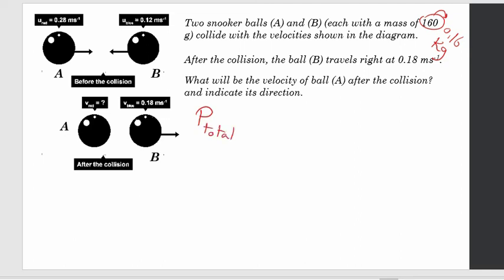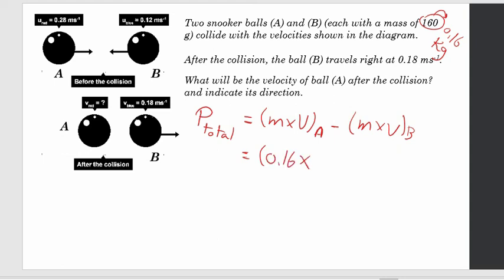So first we will calculate P total before the collision. This is going to equal the mass times the velocity of the first ball minus the mass times the velocity of the second ball. And why minus, not plus? Because they are in opposite directions. Now the first mass is the same as the second, which is 0.16.